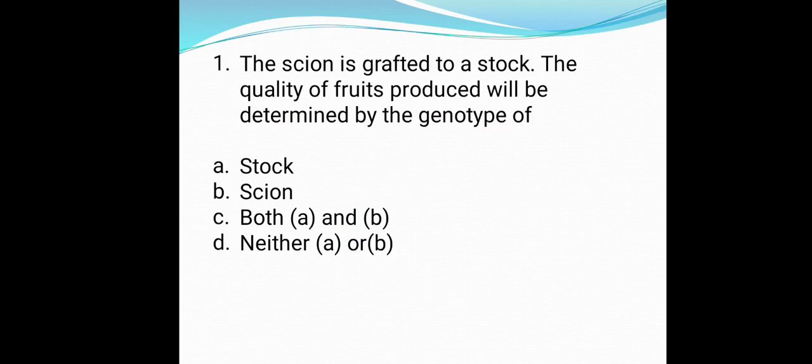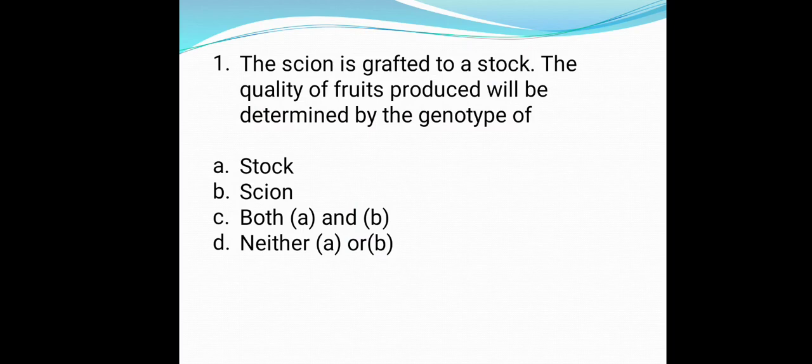So scion and stalk come under plant grafting techniques. Here the shoot of the plant that we are using is called the scion, and the root part of the plant is called the stalk plant.